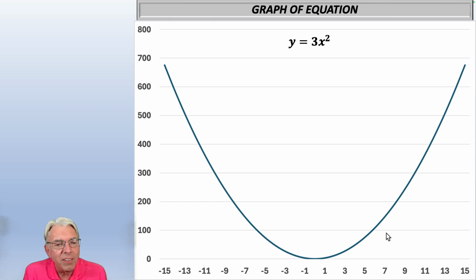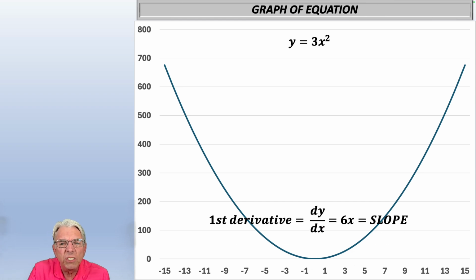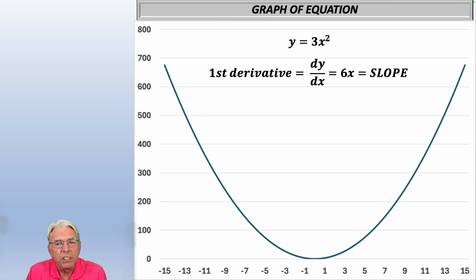Now, one of the neat things, at least I think it's neat, about calculus is when you start talking about derivatives. For the first derivative of a function, you take the derivative of that function and calculate it, and that is the slope of the graph. And you remember how the slope is equal to the rise over the run?